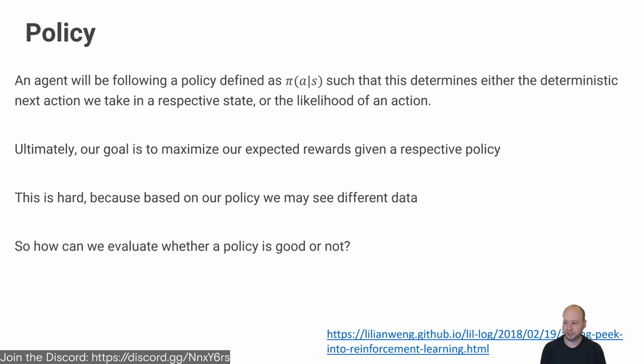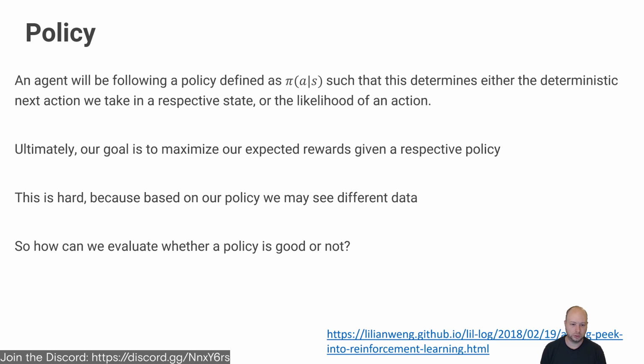It can be a probability: you can have a deterministic policy, meaning in a particular state I take this action. Or you can have a probability distribution such that in a particular state there's a 10% chance of taking action 1, 10% chance of taking action 2, and 80% chance of taking action 3. We're heavily skewing toward action 3, but maybe we'll take action 1 or 2, and then we sample that distribution, which chooses which actual action we take.